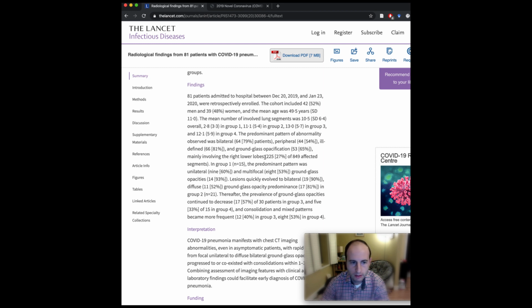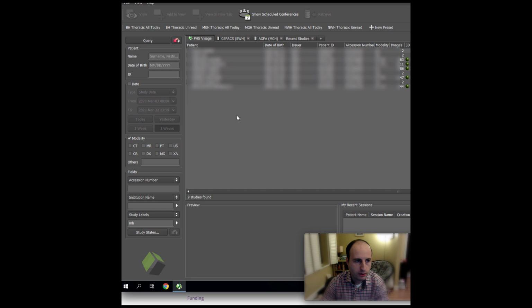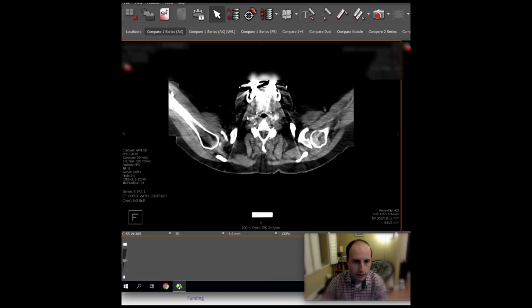Early on in the course, it may be unilateral, but then later on, you tend to get bilateral and more extensive opacities, just like with any worsening infectious process or inflammatory process for that matter. So I'll show you some examples of typical and less typical cases. In this case, this patient was imaged early on in the course of their disease.